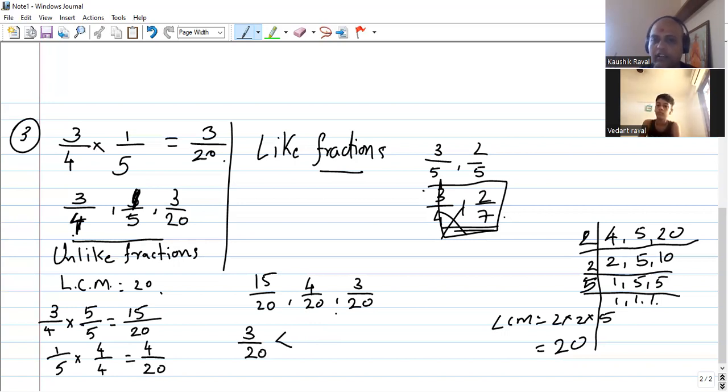Then the middle one, which is 4 upon 20. And then the biggest one, 15 by 20. So 3 by 20, its original answer is the same. 3 by 20 is the smallest. 4 by 20, what is the original fraction? 1 upon 5 is less than 3 upon 4, right?